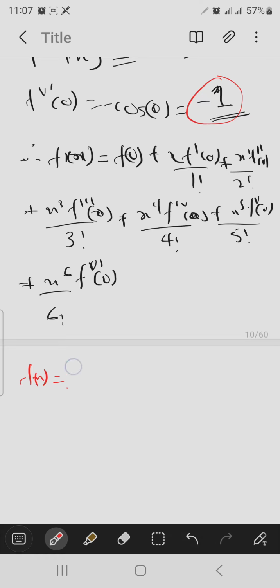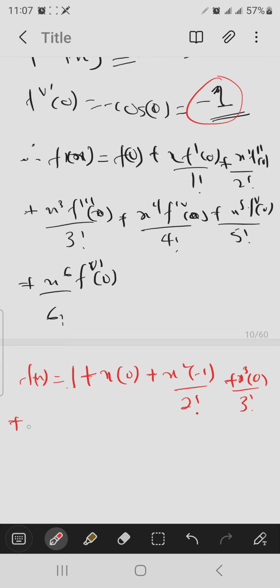What is our f prime of 0? It is 0, plus x squared into bracket. What is our f double prime of 0? Minus 1 over 2 factorial, plus x cubed, what is f triple prime of 0? We have 0 over 3 factorial, plus x to the 4, what is our fourth derivative of 0?